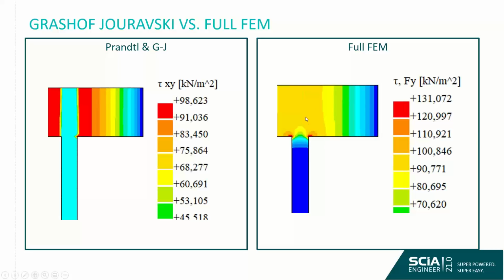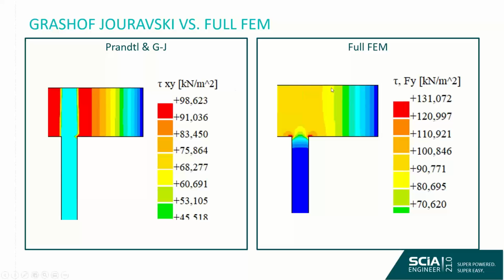However, if we ignore this little peak and we look at the highest orange value, we can see it's between 90 and 100, which corresponds to the highest value of our Grasov-Jurowski distribution. So we have this issue of this local stress peak. How could you solve it? Well, you could implement a little rounding in these corners, and that will remove this effect, this problem of corners and local stress peaks from your full FEM method.